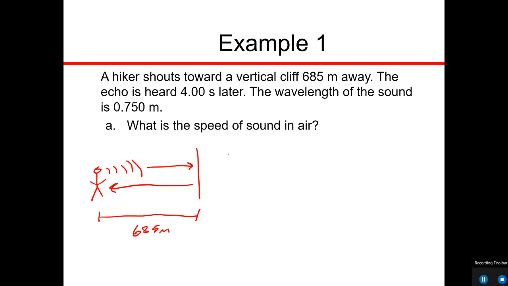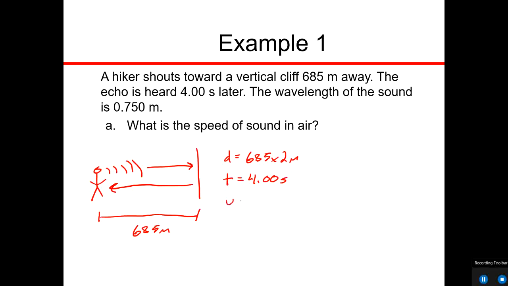So what we know is that our distance that the sound is traveling is not 685, but 685 times 2 will be the total distance that the sound has traveled before the echo is heard. Our time is 4 seconds.